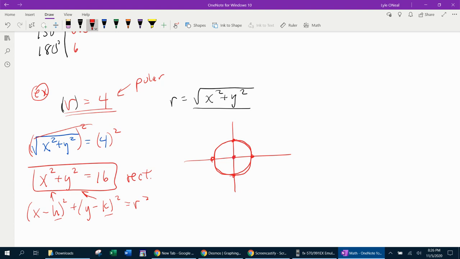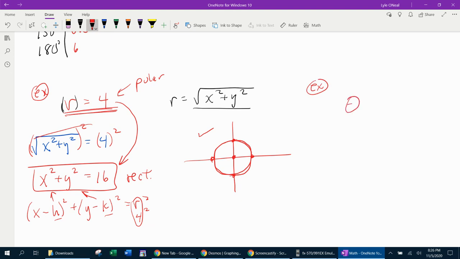So that says the center would be at the origin, and the radius squared, we know that 4 squared is 16, so the radius here would be 4, which is what the polar equation said. And so what do you need to take away from this? You need to know how to convert polar to rectangular, but it's also nice to have an idea of what the graph is. Okay, let's do one more of those.